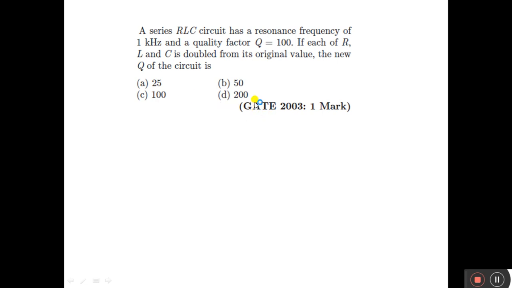So this question asked in GATE 2003, 1 mark. Actually the same question asked in Teachers Recruitment Board EC department also. I think 2017 year question paper or 2014, I remember. Anyway, the same question asked in ECTRB question paper.